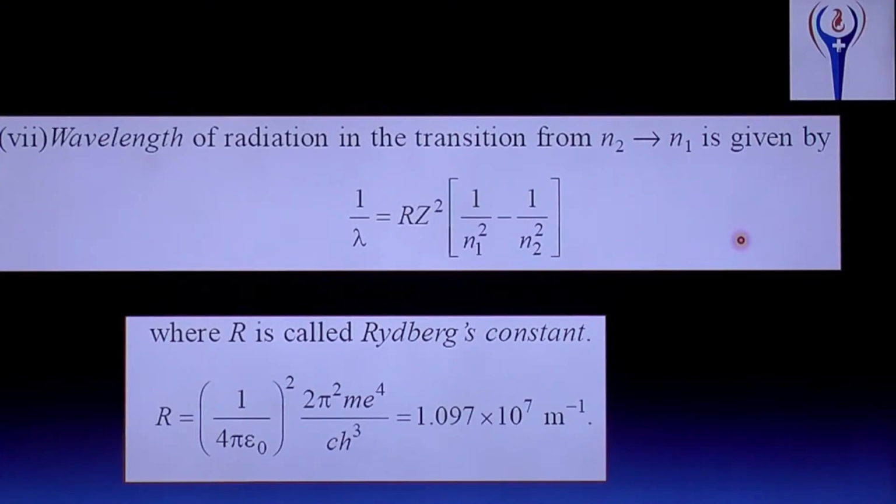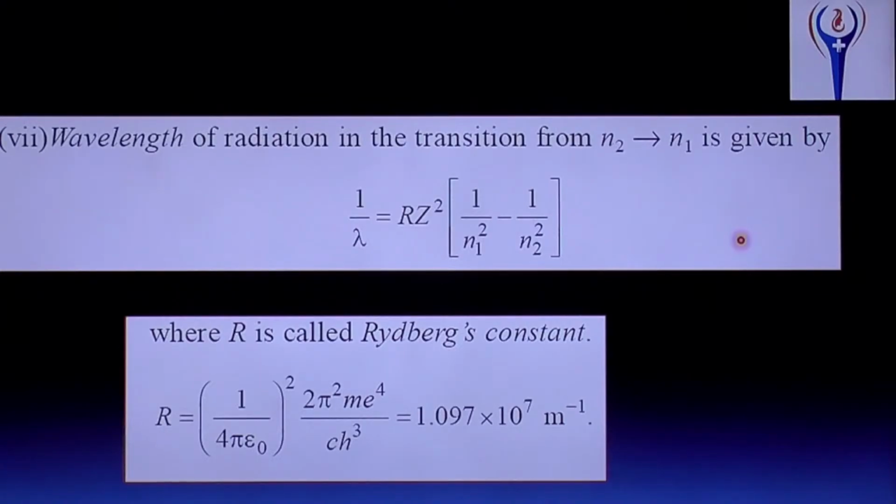And here R is the Rydberg constant, 1 by 4 pi epsilon naught whole square into 2 pi square m e power 4 by c h cube. Its value is 1.09 into 10 power 7 per meter. That's the value of the Rydberg constant. So this formula we apply for the spectral series of the hydrogen atom.